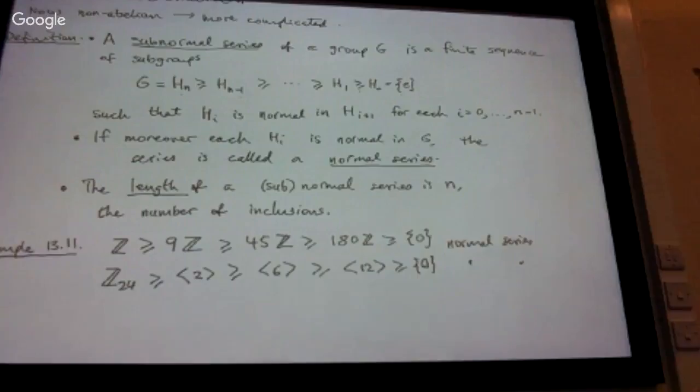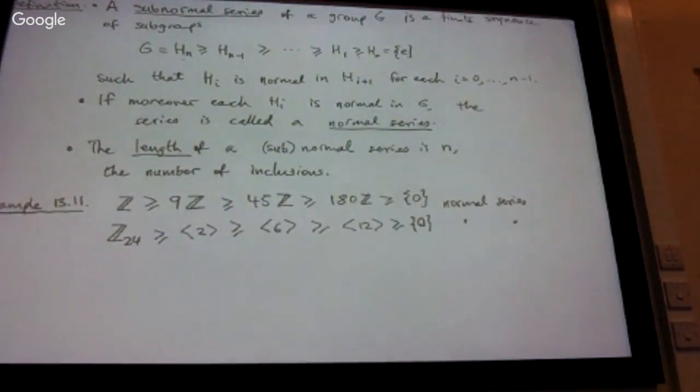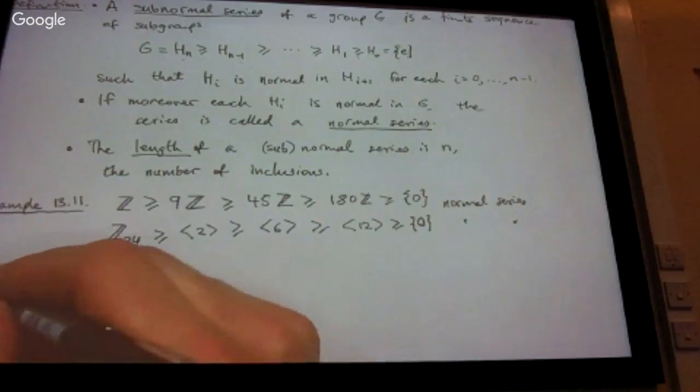Again, they're normal because it's abelian. So that's a bit of a boring example. Is that clear though? Okay, it's clear.